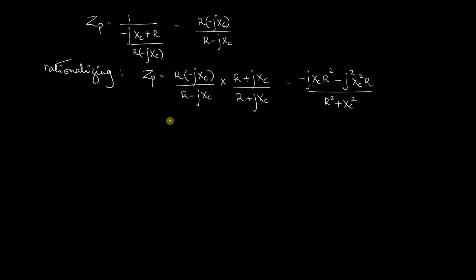So you can see here j square is present. j square is nothing but equal to minus 1. So I can write this term as plus XC square into R. So this can be written as minus jXC R square plus XC square into R divided by R square plus XC square, that is Zp.